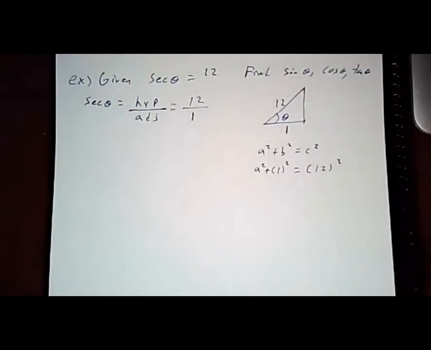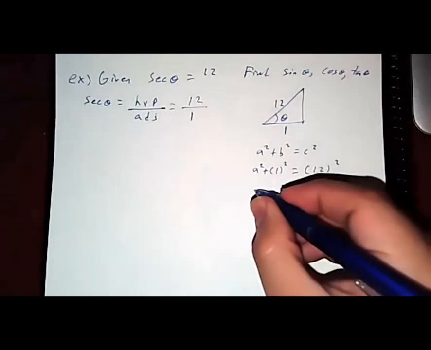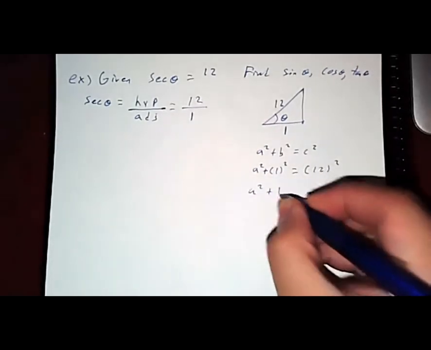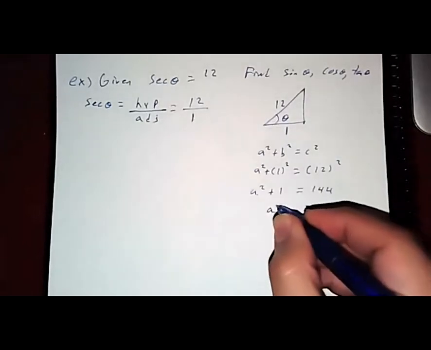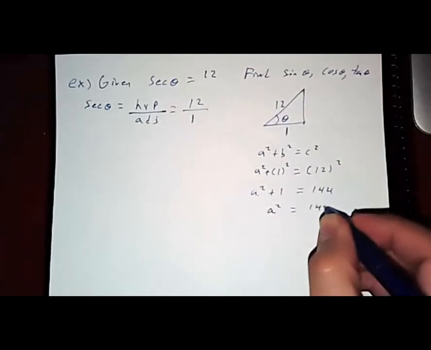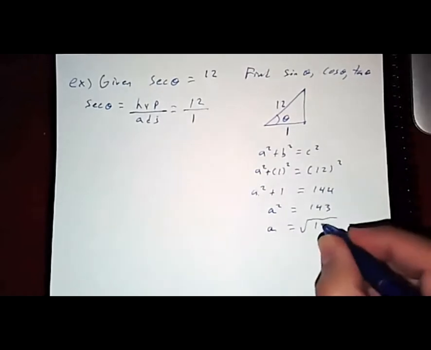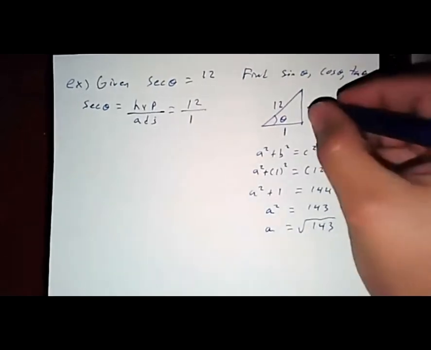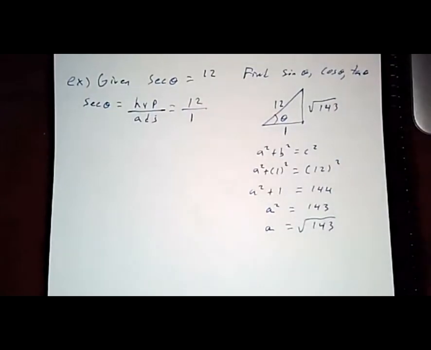Okay. So then it becomes a squared plus 1 equal to 144. Subtract the 1, and that becomes a squared equal to 143, which means that a is the square root of 143. So that's the missing side, right?